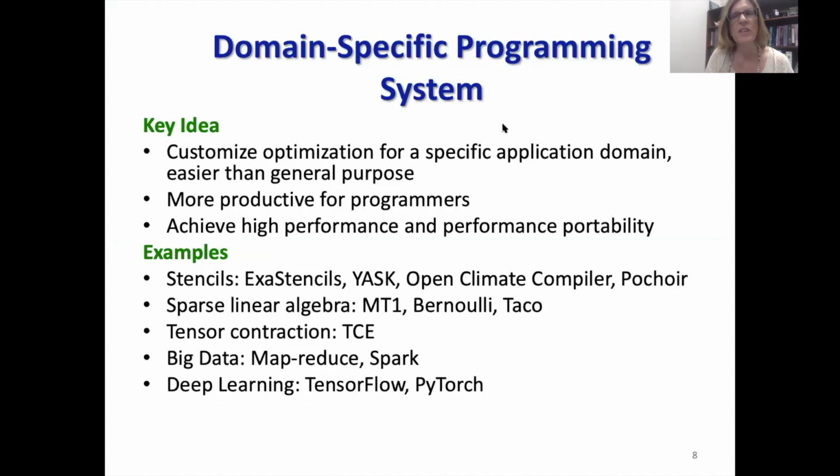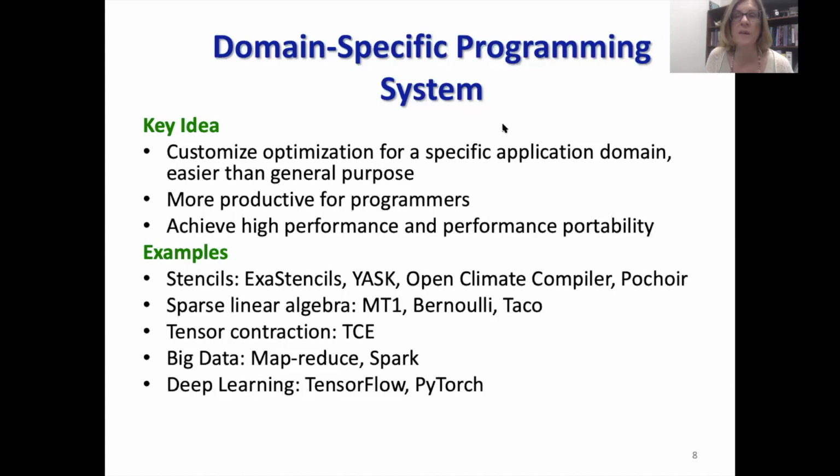It's a lot easier to do this than building a general purpose compiler, for example, or a new programming language, because you can encapsulate just the main core primitives of that domain in your system, and allow programmers to specify their application in a much more productive way. Much less code is required. And if there are multiple target architectures for the system, then it can achieve both high performance and performance portability.